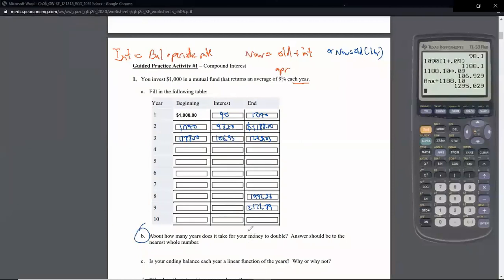I think there are two legitimate answers here. Most people would say 8 years because 1992 is extremely close to 2000, which we put in 1,000, so doubling would be 2000. So 8 years would be one student's answer. However, in the real world, let's say you actually had to exactly double your money to pay something. In 8 years, you don't have that $2,000.